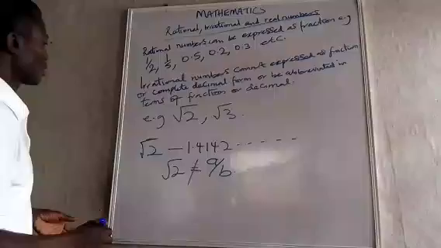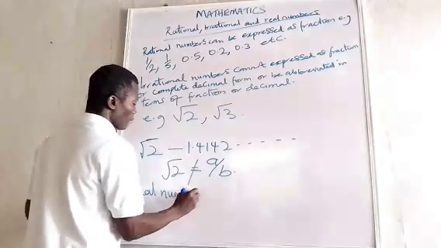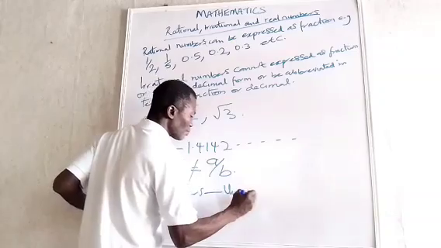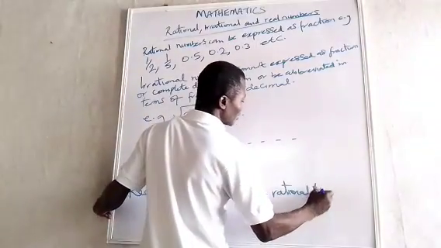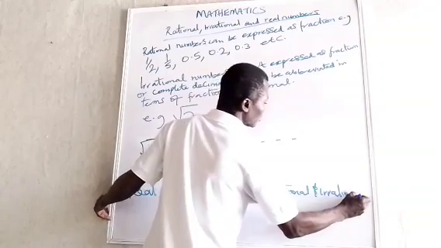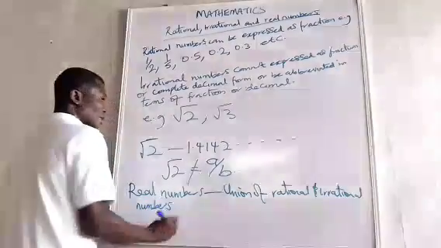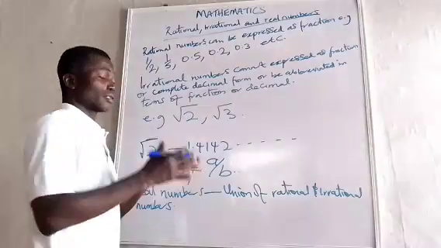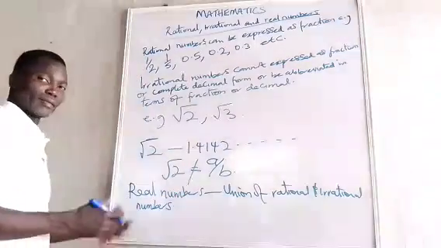And then the numbers we call real numbers are the union of rational and irrational numbers. Just like when we talk about integers, integers include the natural numbers and the negative numbers.